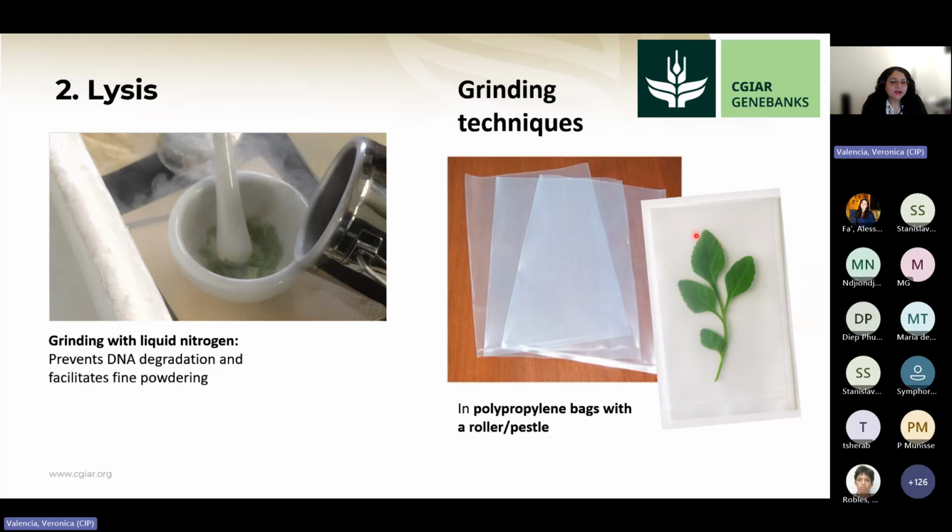I use even a tube from in vitro that is clean and empty, and you grind, and then you add your buffer, and with a lot of care, you put it on a microcentrifuge tube, right, without touching anything on the surface. And this we do mainly for RNA extractions, but it's a good option if you don't have liquid nitrogen and if you don't have a FastPrep. It could be a solution.